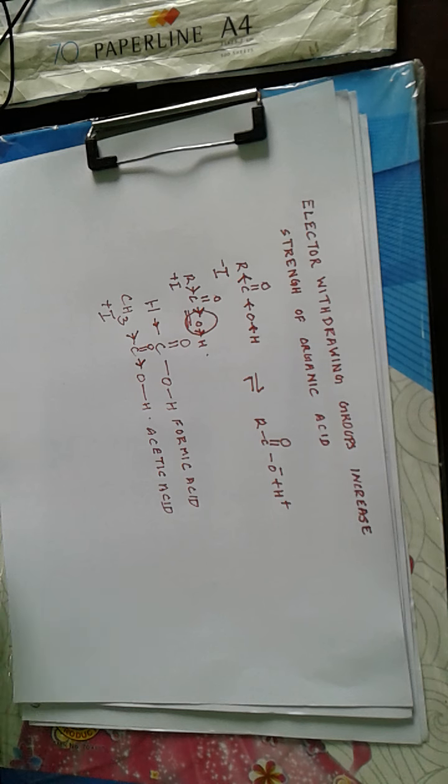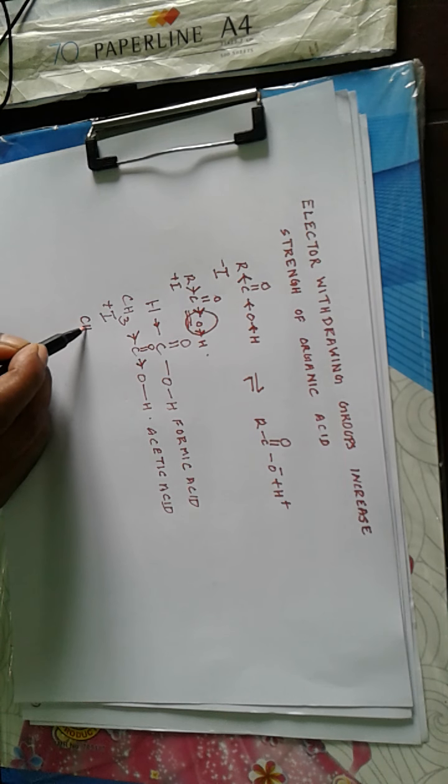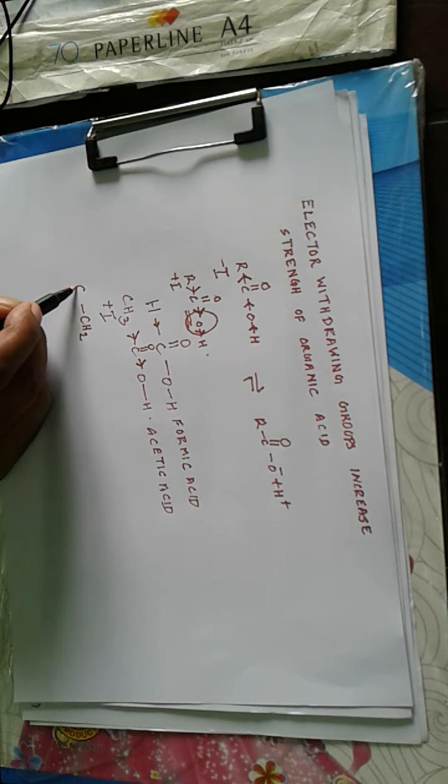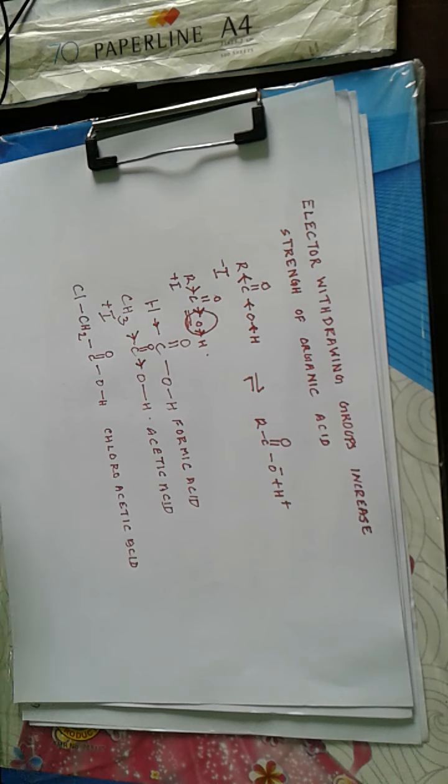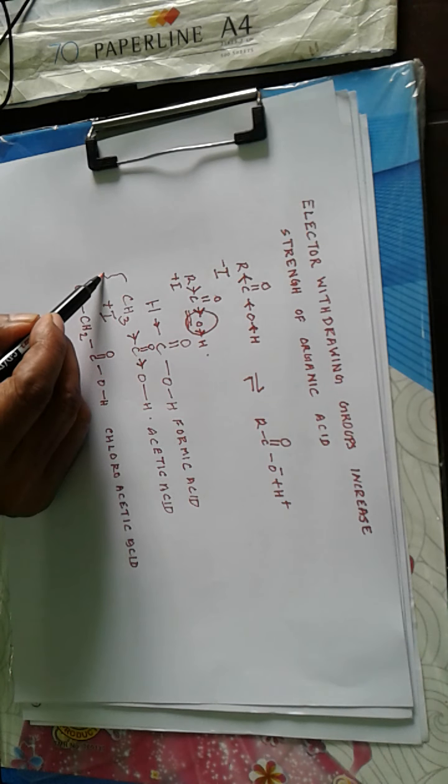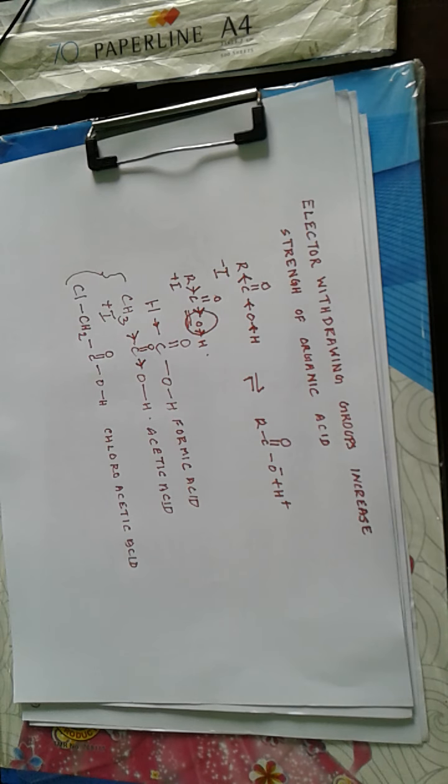When we compare another acid, that is chloroacetic acid, and acetic acid, chlorine exerts a minus I effect.